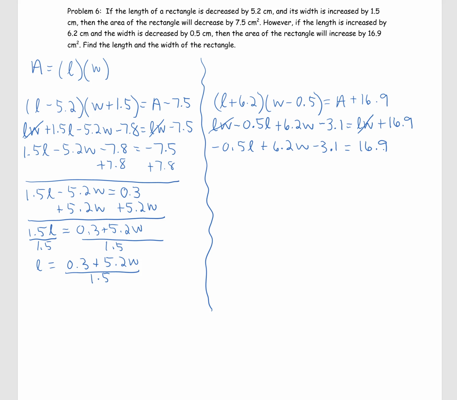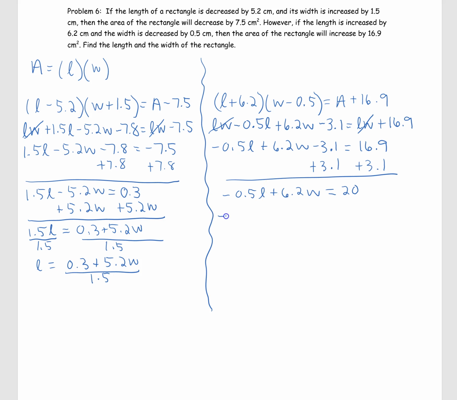And I'm going to add this 3.1 to both sides of my equation next. This gives me negative 0.5 L plus 6.2 W equals 16.9 plus 3.1 is 20. So now I have a little bit of a simpler equation here, and like I said earlier, what I want to do is plug in this term for L into this equation here.